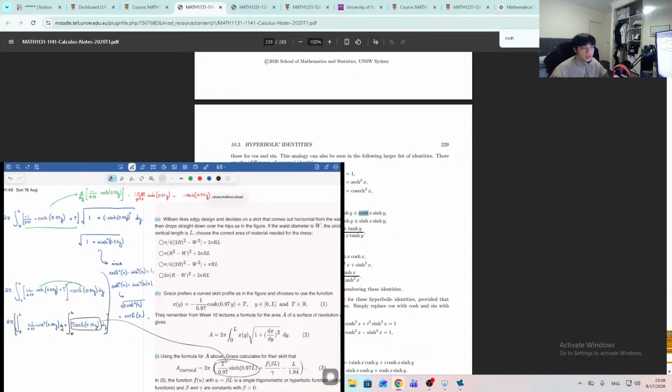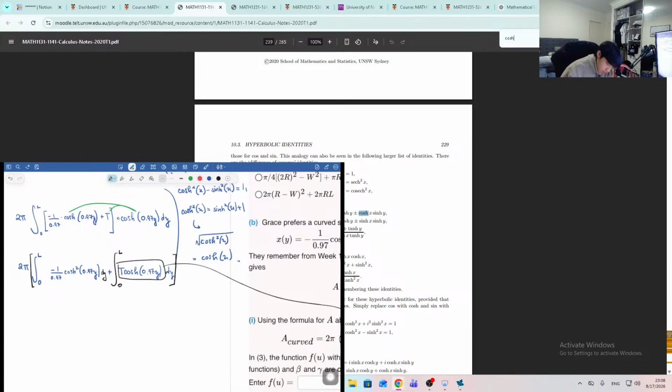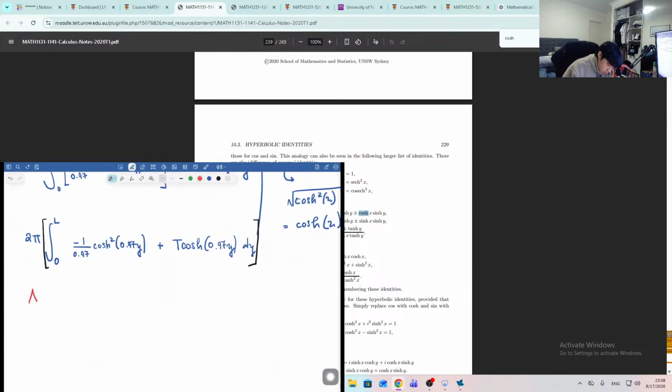Ah, found it. Double angle. Okay, so there do exist double angle formulas for cosh. So that's a tool that I missed. New toolkit.